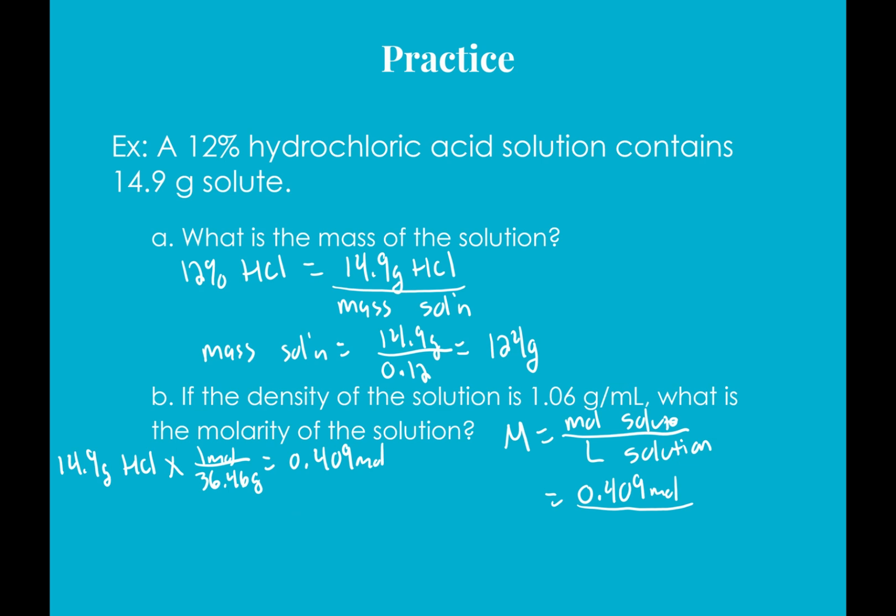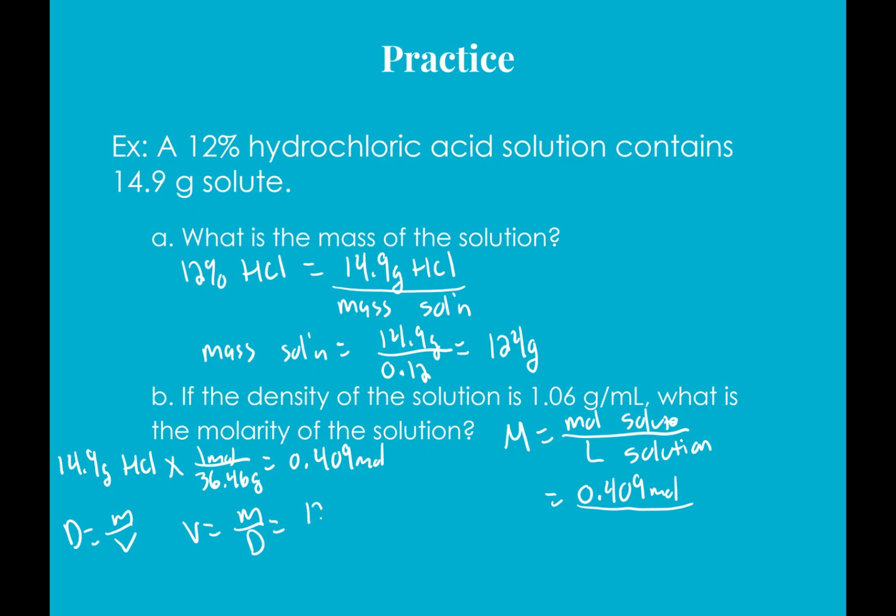So now all that's left is just to find the volume of the solution. Well, in part A, we're told the mass of the solution, and that's not very helpful. But in part B, we're given the density. This is what we're actually going to use to find the volume, because we know that density is just mass over volume. So if we rearrange this, we get that volume is equal to mass over density.